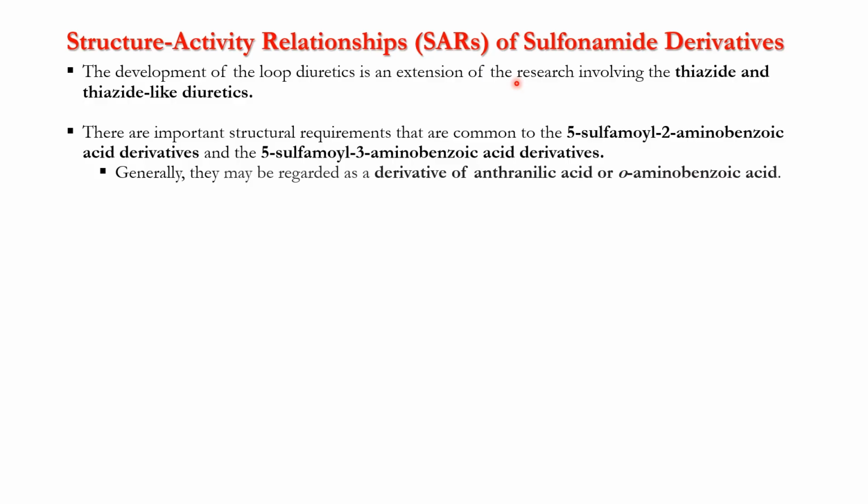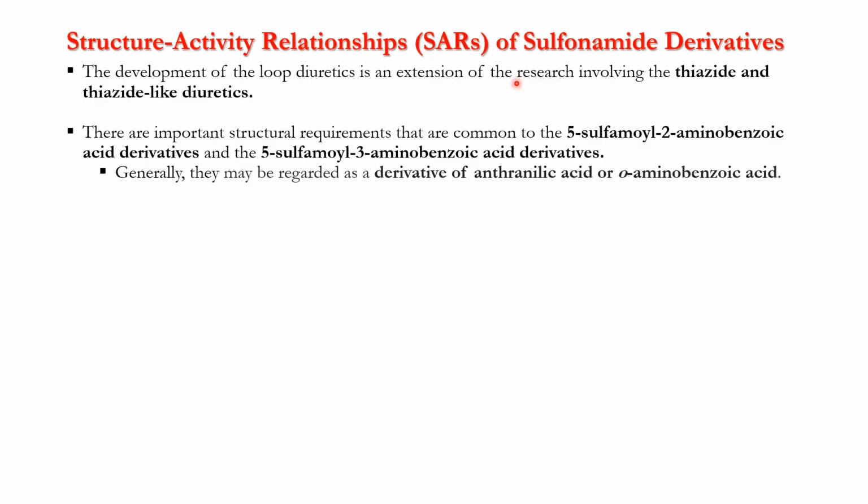These common structures include the 5-sulfonyl 2-aminobenzoic acid derivative and the 5-sulfonyl 3-aminobenzoic acid derivative. For the first case, furosemide is the prototype. For the second case, bumetanide is the prototype.